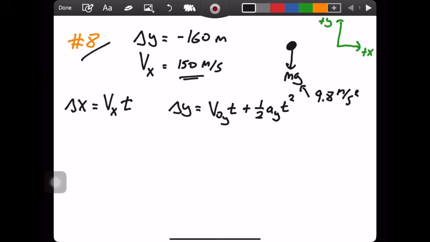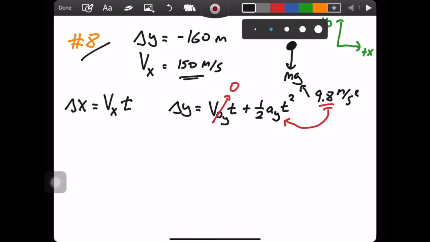This equation gets a lot simpler when we take into account the fact that when you originally drop something, its vertical velocity, the velocity in the y direction, is 0, and so that term goes away. The acceleration in the y direction is just the acceleration due to gravity.